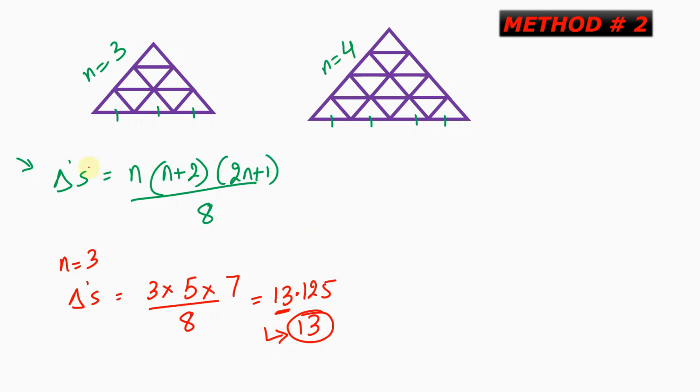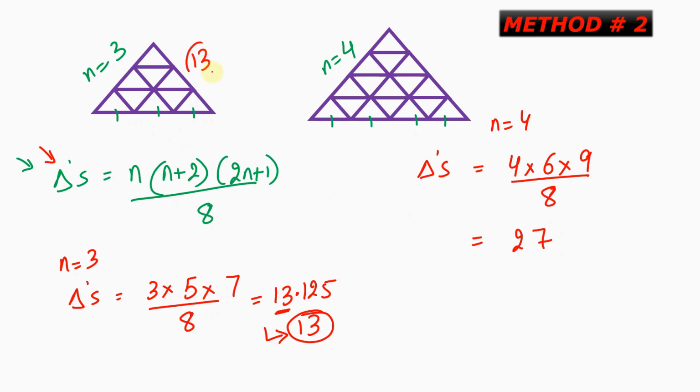Applying the same formula, when n equals 4 the number of triangles is given by 4 into 6 into 9 divided by 8, and this comes out to be 27. So here the number of triangles will be 13, and here the number of triangles will be 27.